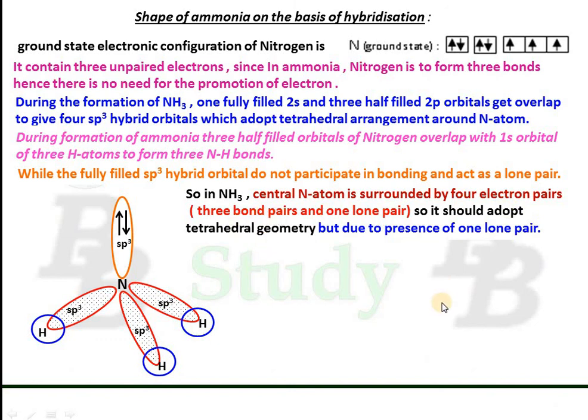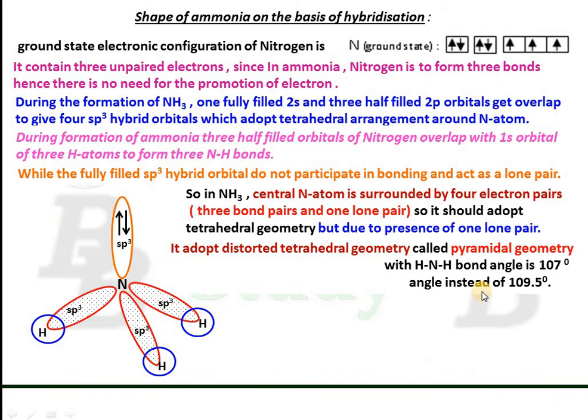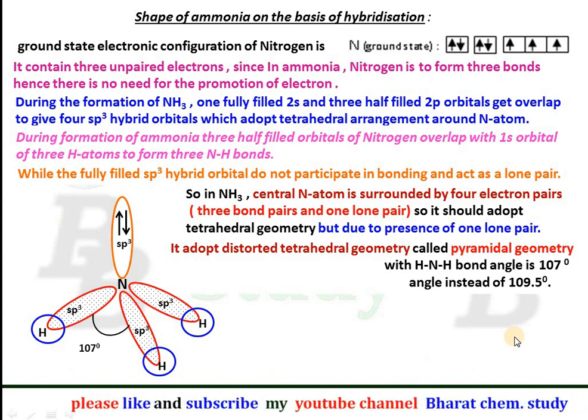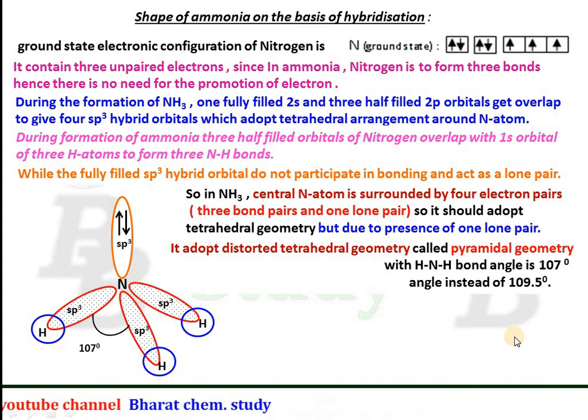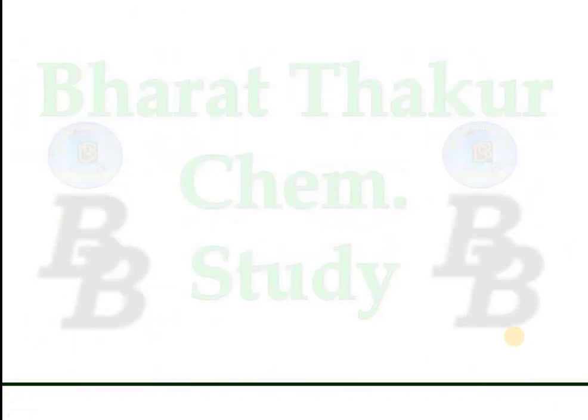Due to presence of 4 electron pairs, it should adopt tetrahedral geometry, but because of presence of 1 lone pair, it has distorted tetrahedral geometry called pyramidal geometry with H-N-H bond angle 107 degrees instead of 109.5. So this is the final structure of ammonia on the basis of hybridization.